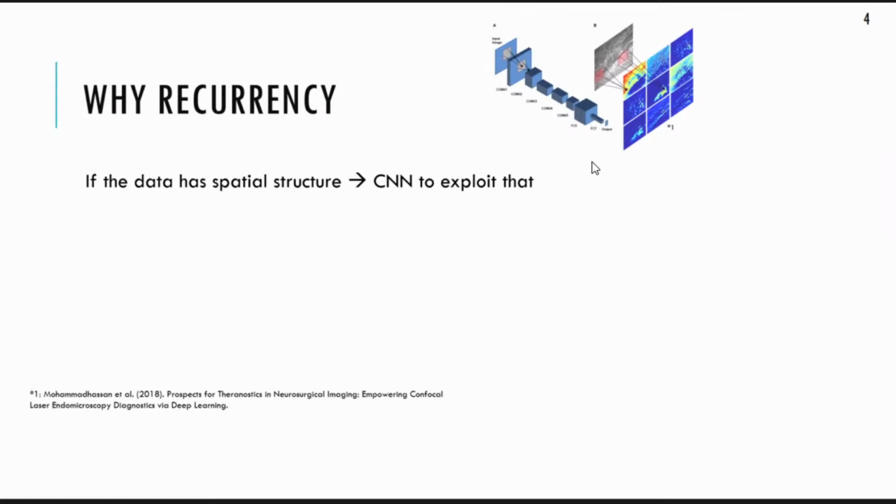We usually call this the receptive field. So we have something that really can exploit spatial structure already in images, and most of us have probably used something like this when we have used neural networks before.